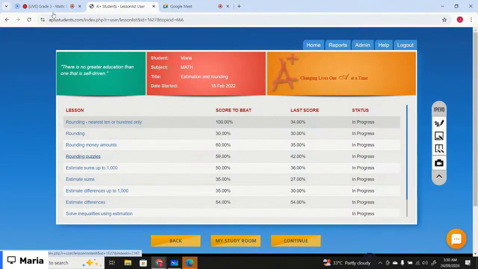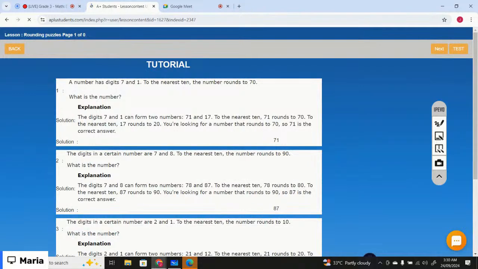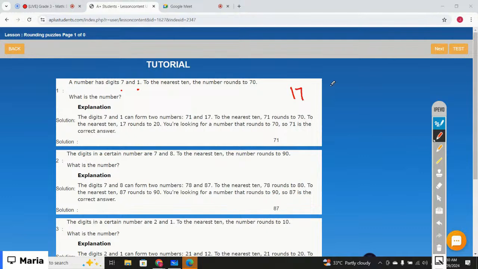The next one is rounding puzzles. A number has a digit 7 and 1. To the nearest 10, the number rounds to 70. So you are given two numbers, 7 and 1, right? So using these two numbers, you can make only two numbers. One of them is 17 and the other one is 71.